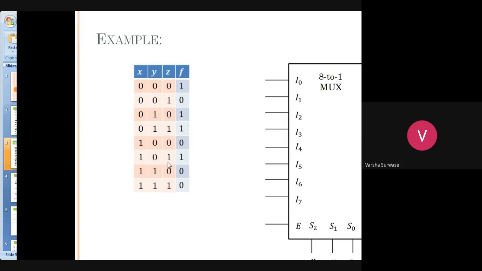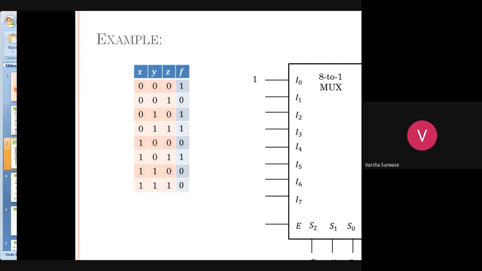So 101 means the data on I5 is what you will get at the output. Suppose these are the inputs 110, 1001.